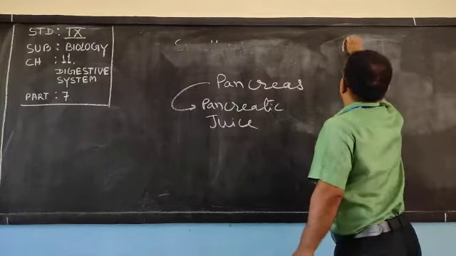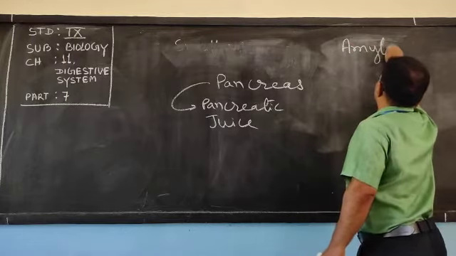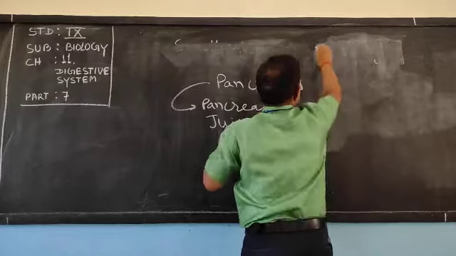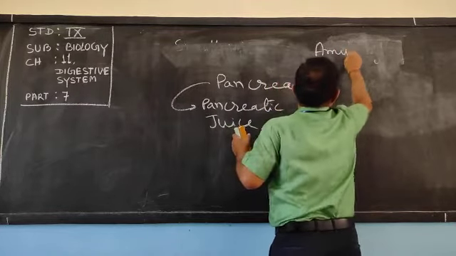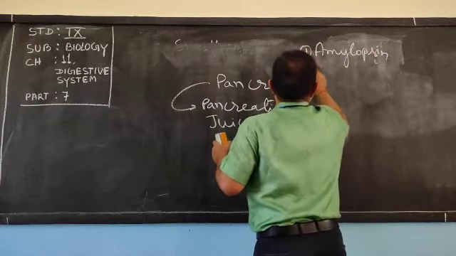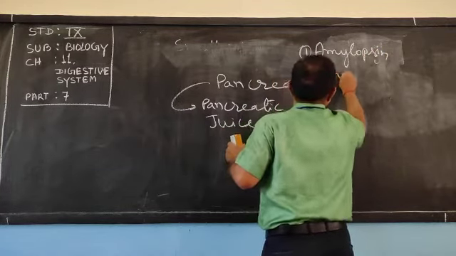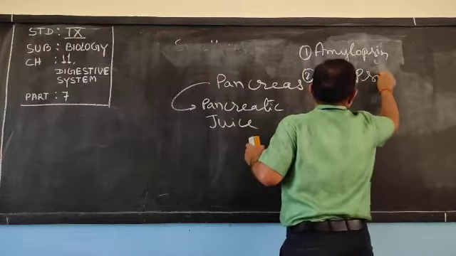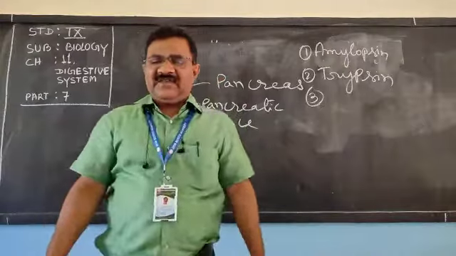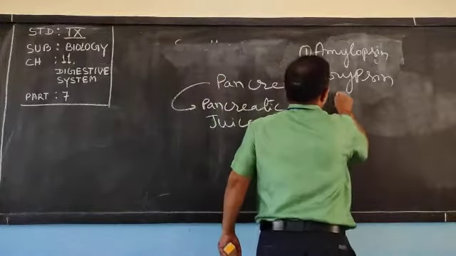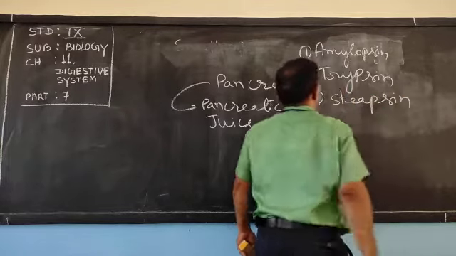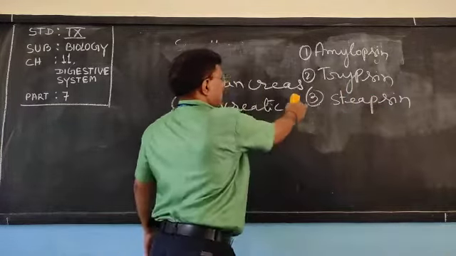They are amylopsin. First thing. Second is trypsin. And third is lipase, which is steapsin. Try to understand.